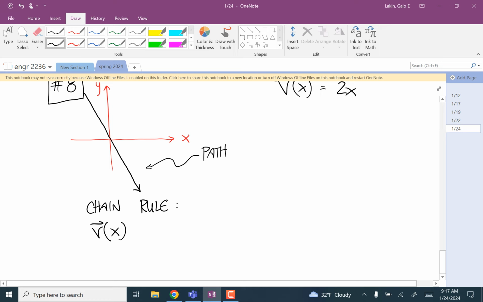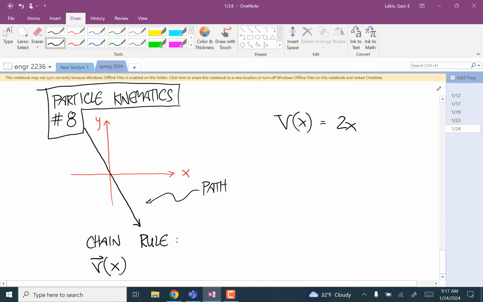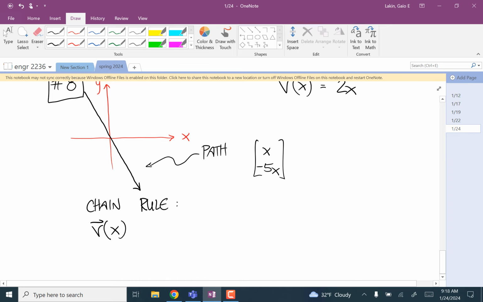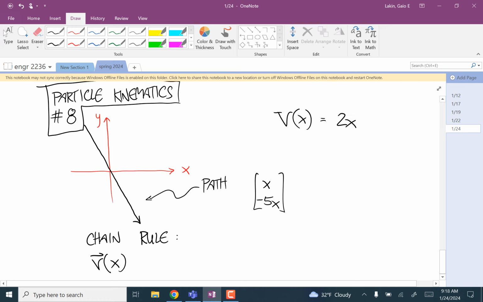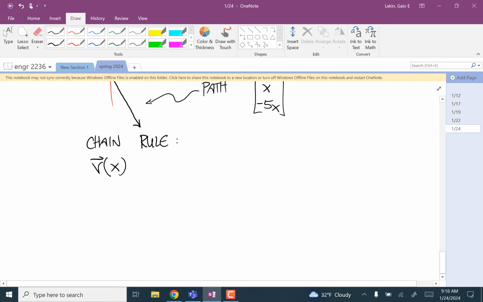So the question is, can we do that? Yeah, we have the path that's this. And so we can come up with a unit vector that's tangent to that path in the direction of motion. Then all we have to do is multiply it by the speed, this speed function, to give us the velocity.